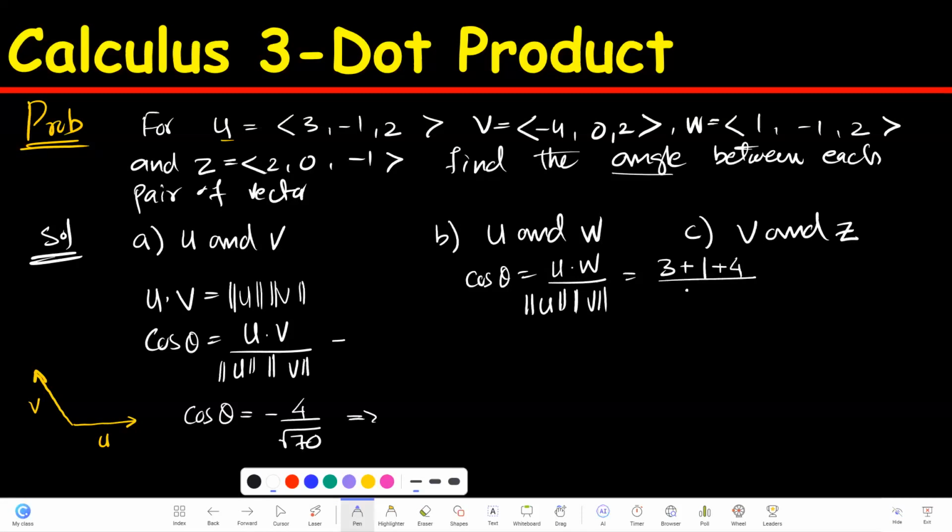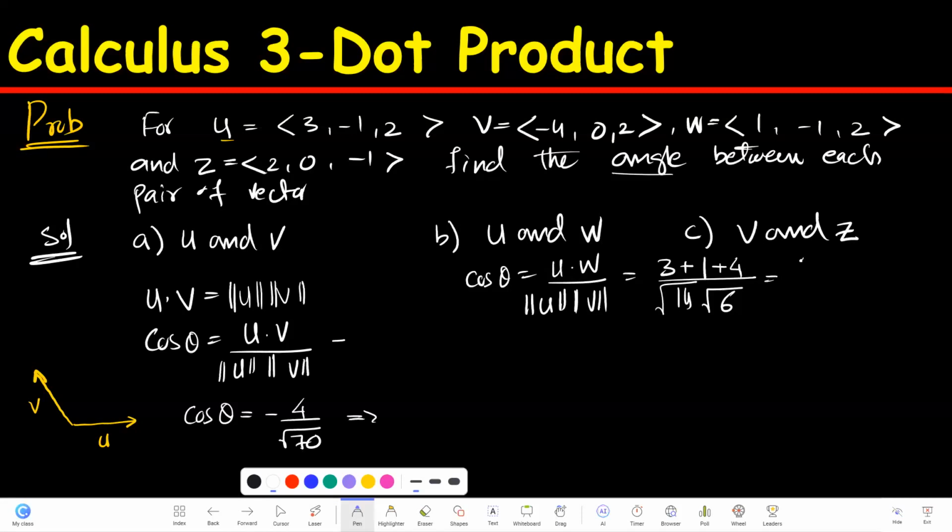And then u is going to be square root of 14, right? That's what we calculated earlier. And this one, w, is going to be square root of 6.